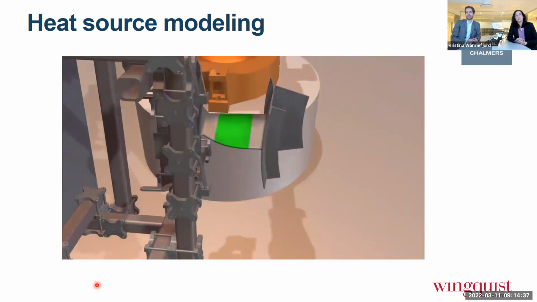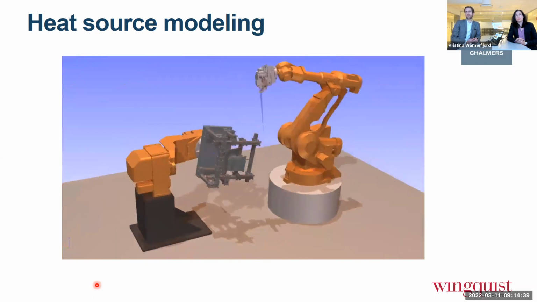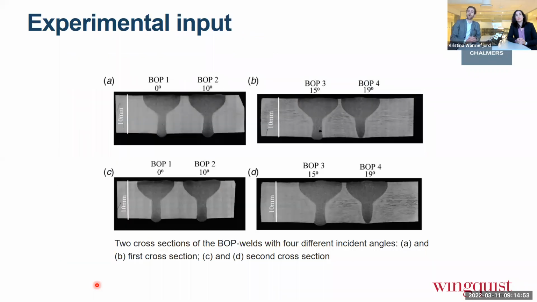So as Christina said, we got the question, what if we need to tilt the weld gun? What would happen to the heat source or the melt zone? And we didn't know that, and we couldn't find the answer to that in the literature.